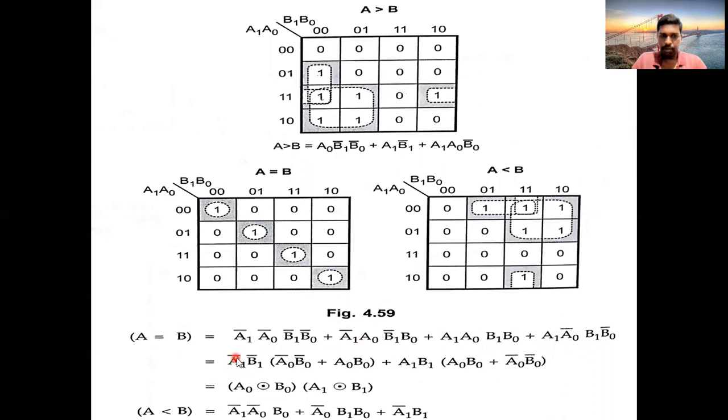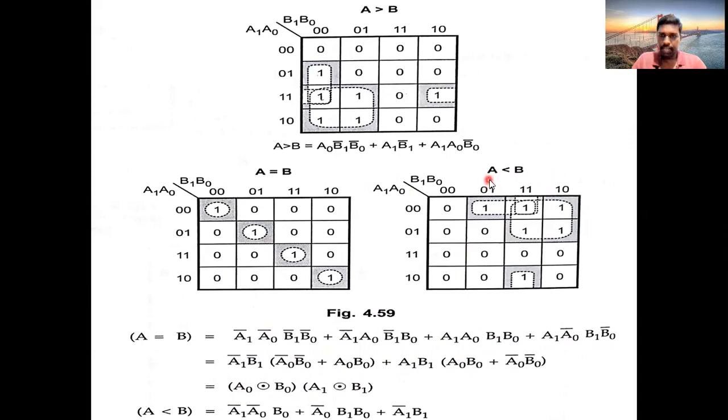So take A1 bar, B1 bar as common from these two. Then you will get this, and A1, B1 common from these two, you will get this expression. And when you simplify this, you will get the answer as A0 XNOR B0 into A1 XNOR B1. Okay, so like that you will get.